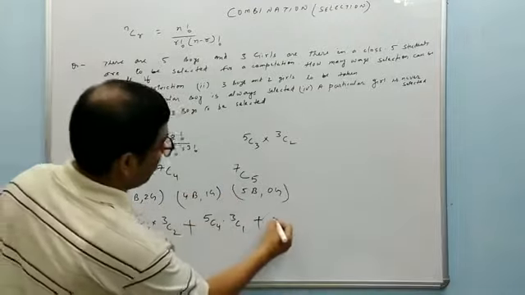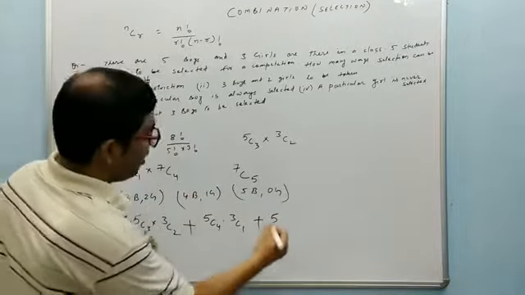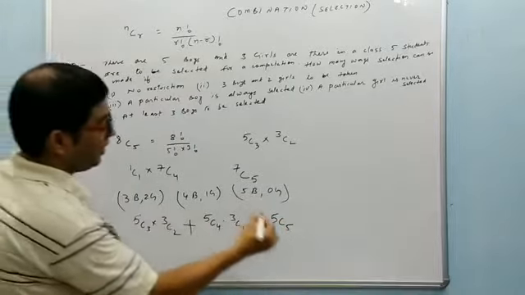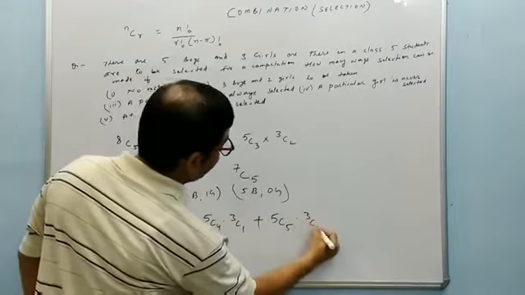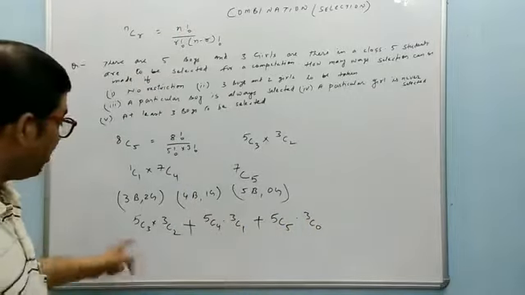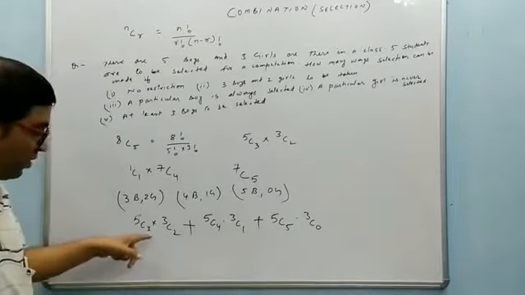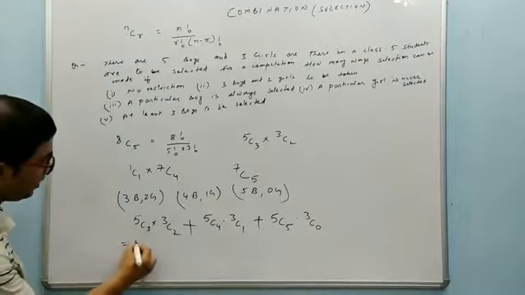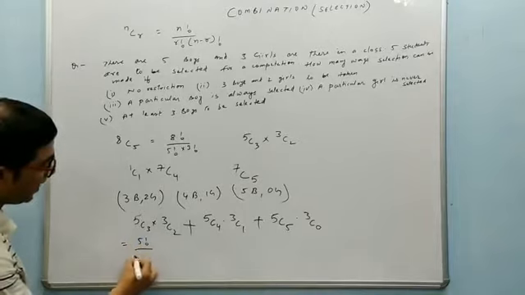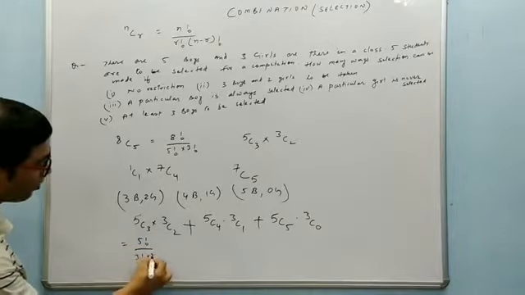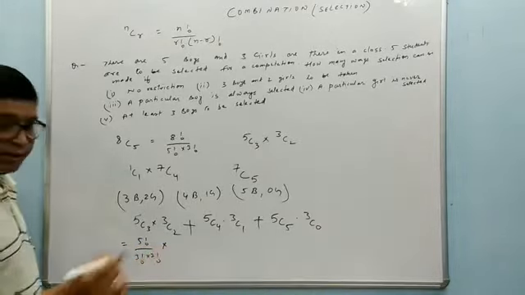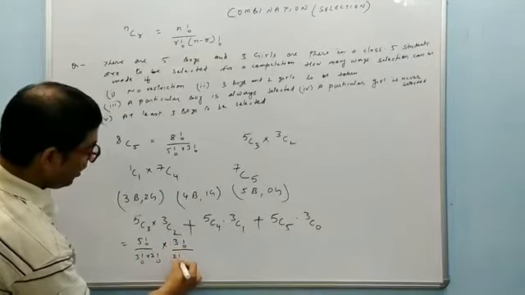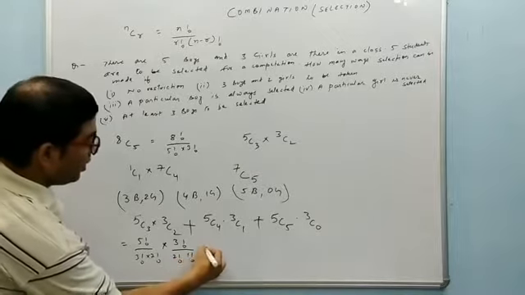5 boys. 5 students are there. 5 boys are there, out of which I have to select all the 5, and 3 girls. I don't have to select any girl. 3C0. Now you just compute the values of these combinations and you will get the exact answer. 5C3 you can write 5 factorial by 3 factorial into 2 factorial into 3C2 is going to give you 3 factorial by 2 factorial into 1 factorial.